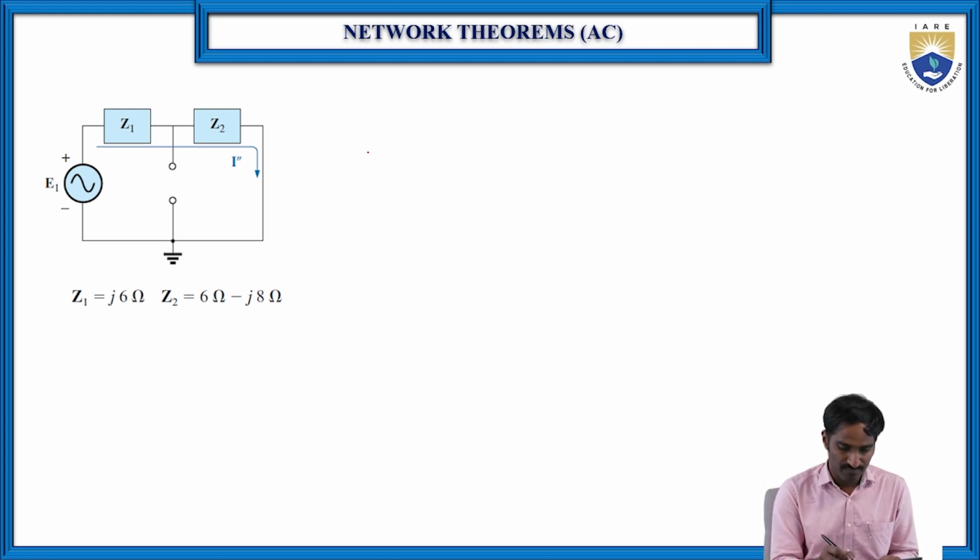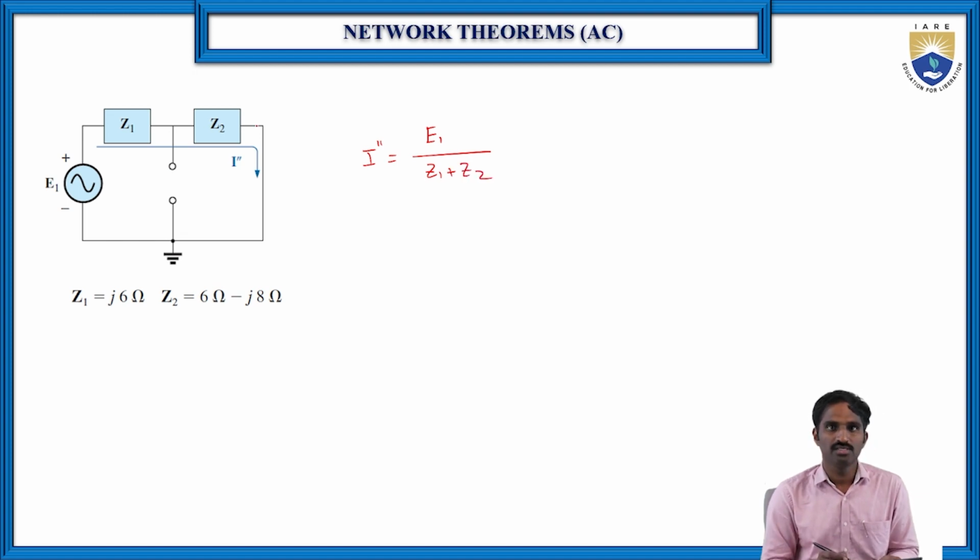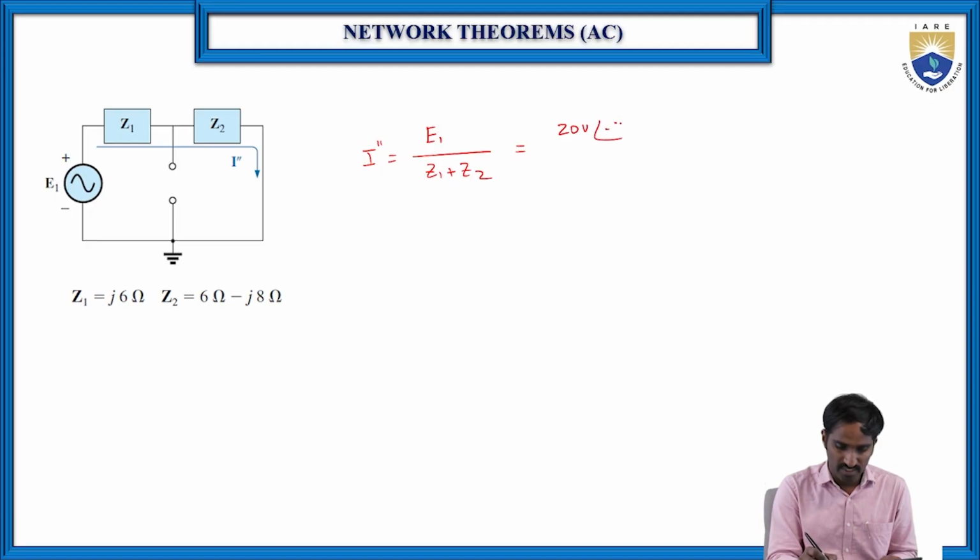So I double dash is equal to the voltage E1 by Z1 plus Z2. The voltage E1 is 20 volts at an angle of, sorry, not minus, plus 30 degrees.